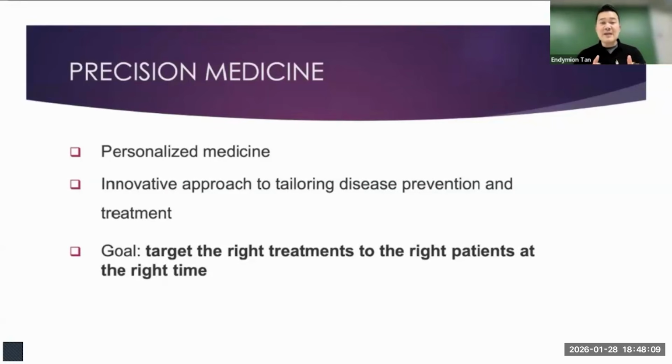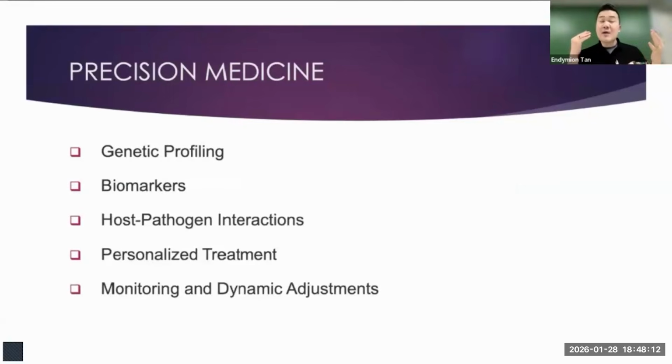But with precision medicine, we can study the different genetic profile of your patient. We can study the different biomarkers, your procalcitonin or new novel biomarkers, the host-pathogen interactions, and personalized treatment. Of course, with a personalized treatment, you give this armamentarium of antimicrobials to your patient correctly, then of course you'll have a better outcome. And you have to monitor the dynamic adjustments for your patients.